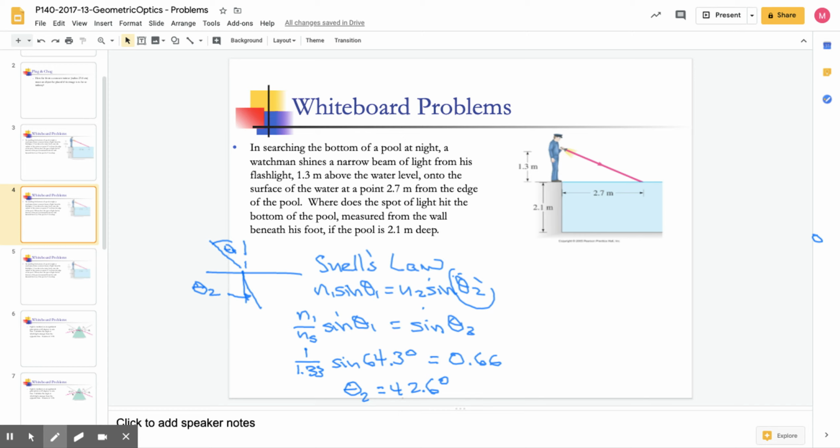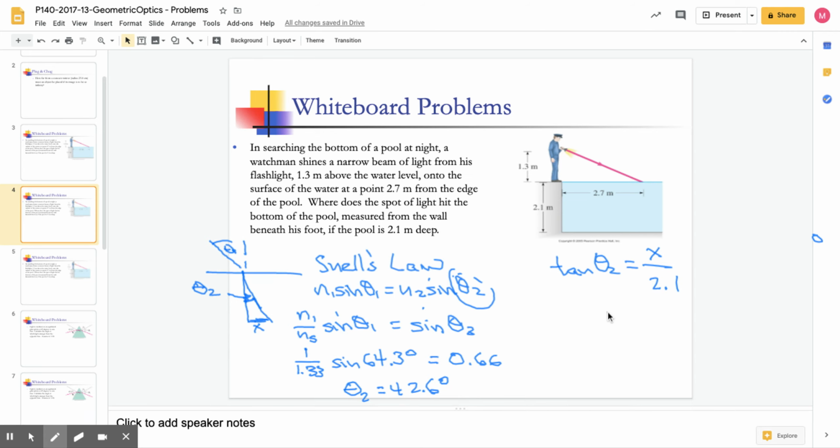Our next step is finding x. I go back over here and extend this out a bit more. This is our x. Since we know theta 2, we can calculate x using tangent again, opposite over adjacent. So tan theta 2 is equal to x, the opposite side, divided by this height, which is 2.1.